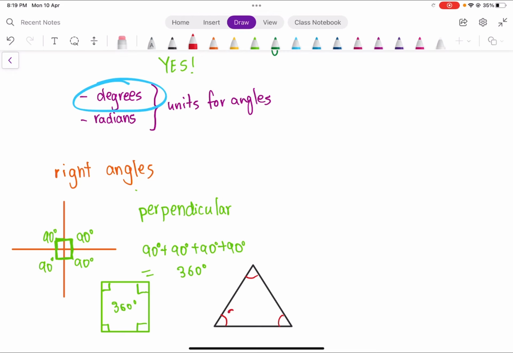We just don't know how much they are. But we do know that all three angles in a triangle, so let's call the three angles in this triangle angle X, angle Y, and angle Z, sum together, meaning added up together, gives us 180 degrees.